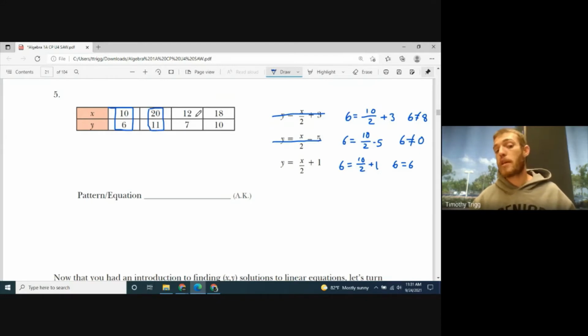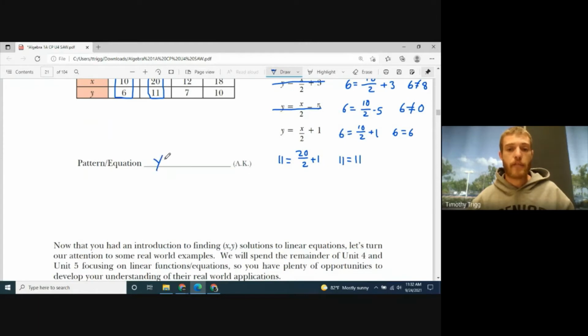And again, you could choose any point you want, but I always just choose the next point. So I'm going to replace the y with 11, and I'm going to replace the x with 20. Hopefully you could already see that this is good, right? So that'll be 11 equals 20 divided by 2 is 10. 10 plus 1 is 11. So we see that multiple points do work for this equation. So that means that that is definitely our answer.